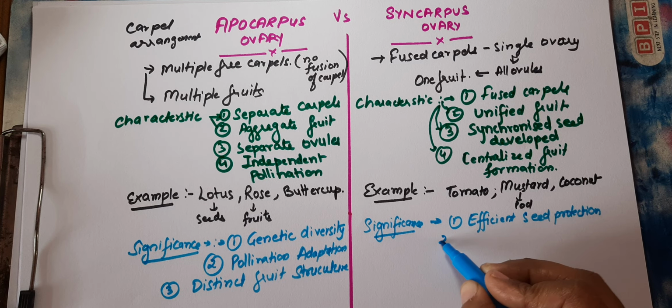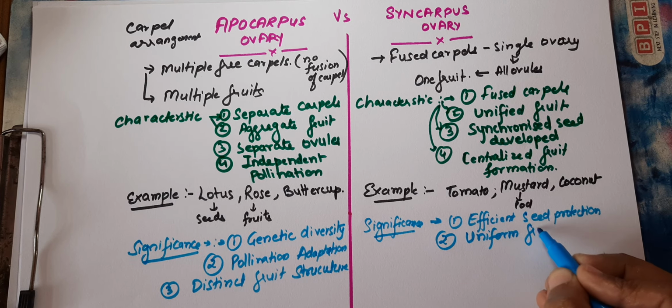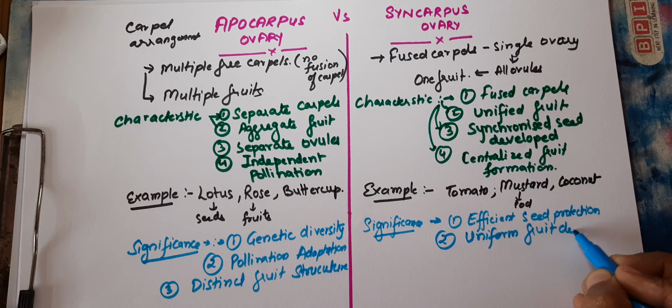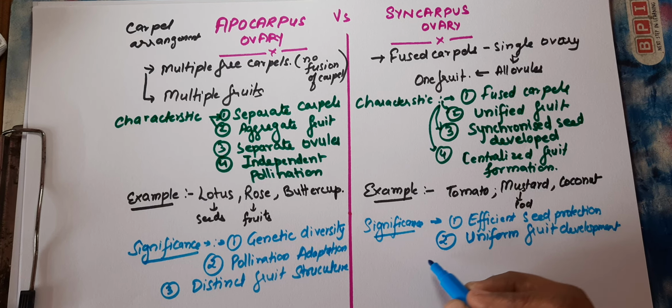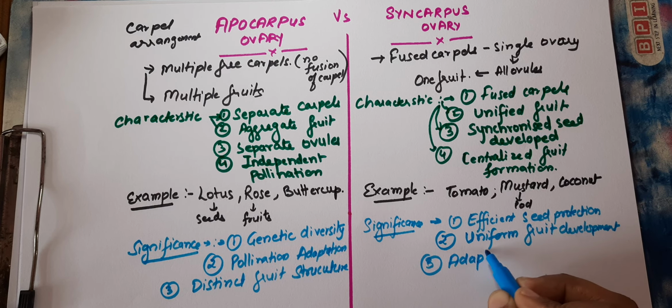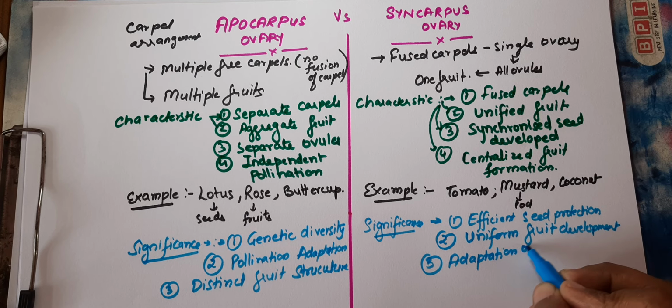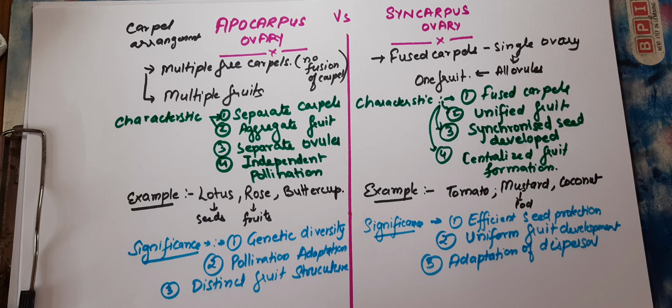And I already discussed with you that there will be uniform fruit development, that is the synchronization. And they will also have adaptation for dispersal, so many syncarpous fruits are designed for efficient seed dispersal. So this is all the difference between the apocarpous ovary and the syncarpous ovary. Thank you for watching the video.